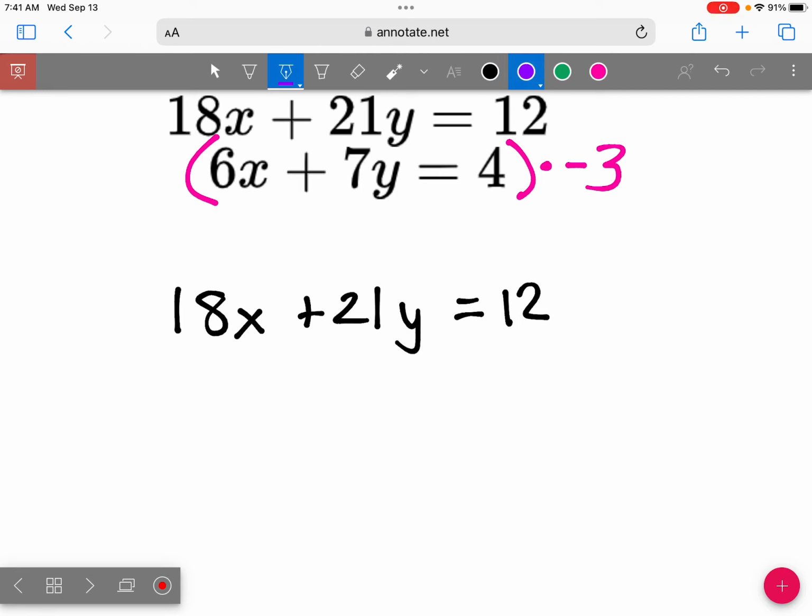And then our bottom one becomes negative 18x minus 21y equals negative 12.